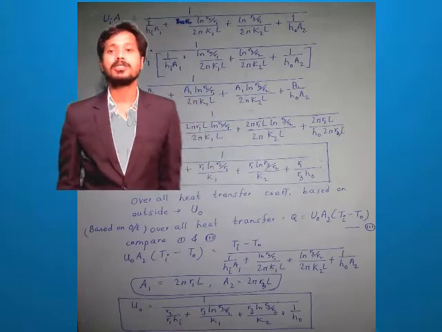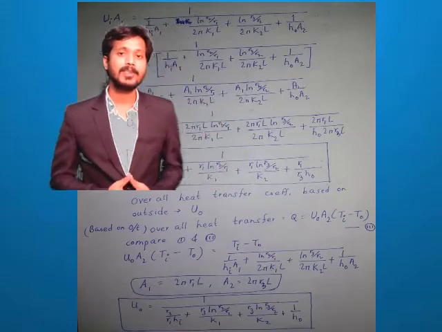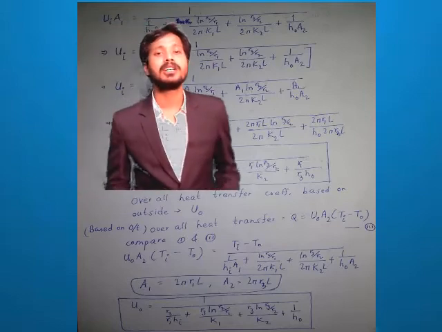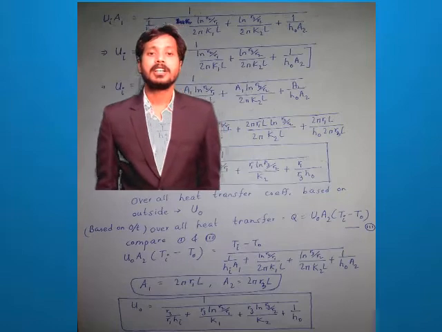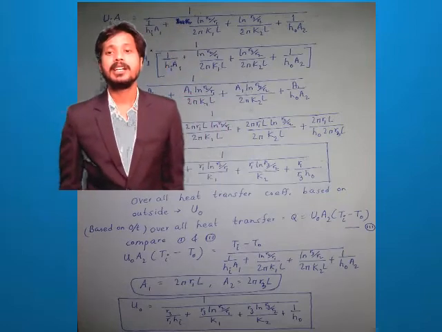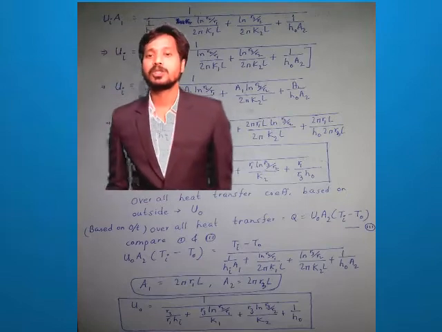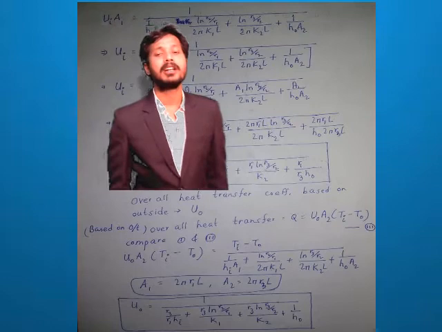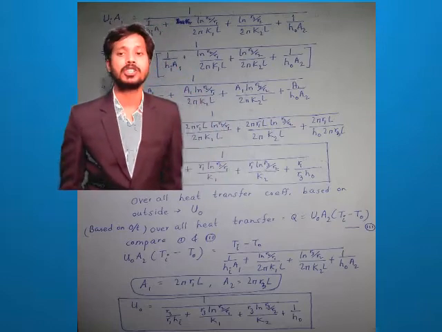So based on outside, if I again relate these equations along with the overall heat transfer of composite cylinder, it comes U naught into A2 into Ti minus T naught equals Ti minus T naught by 1 by hi A1 plus ln of r2 by r1 by 2 pi k1 L plus ln of r3 by r2 by 2 pi k2 L plus 1 by h naught A2.